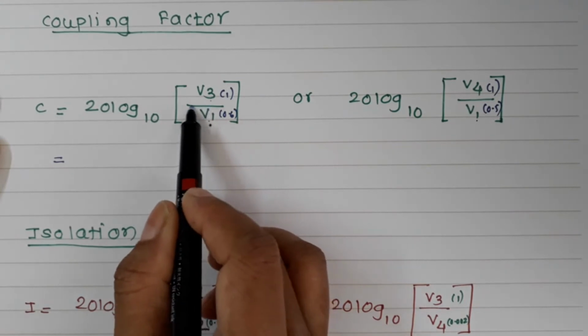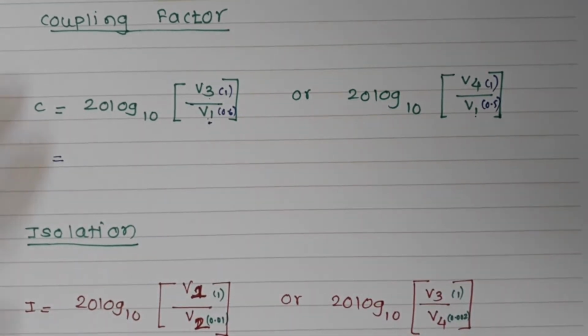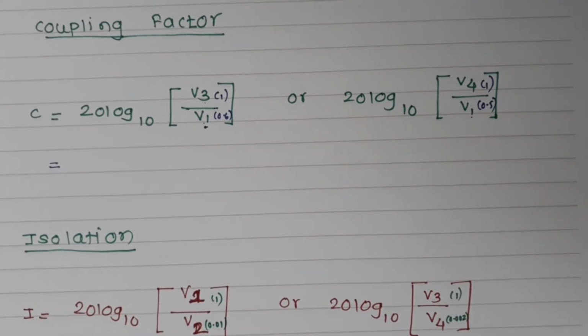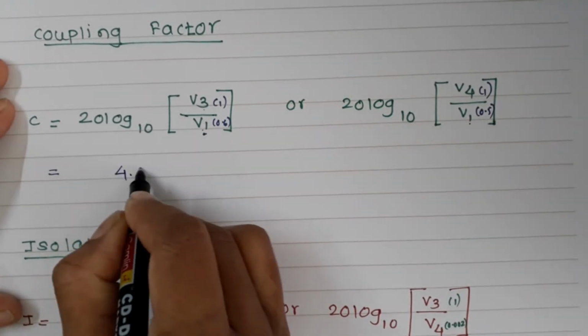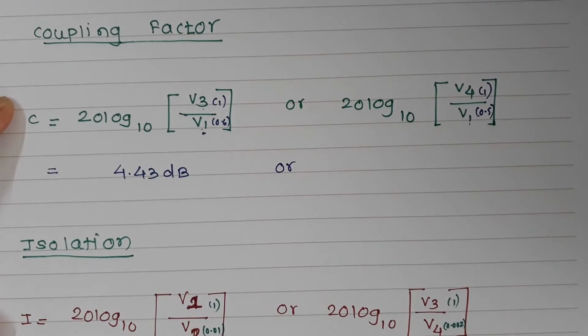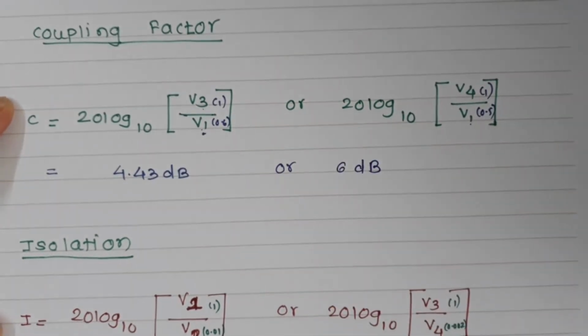When you give 1 volt input to port 3, port 1 gives 0.6 volt. When you calculate this, it is 4.43 dB. Or if you calculate for port number 4 and port number 1, it is near about 6 dB. So this is the coupling factor.